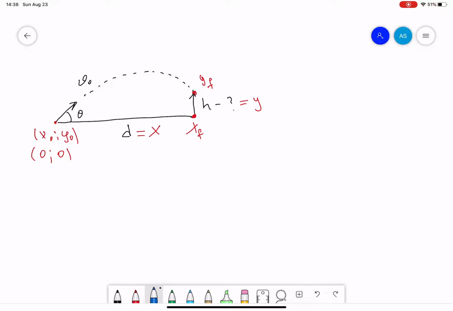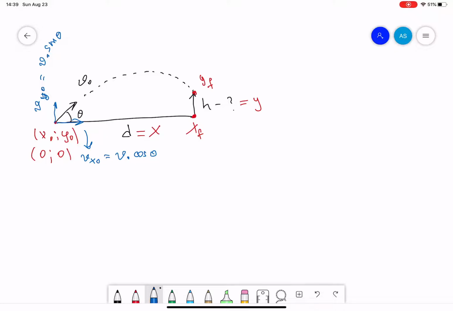Let's resolve v initial into two components. The x component, vx initial, is equal to v initial cos theta, and the y component, vy initial, is equal to v initial sine theta.